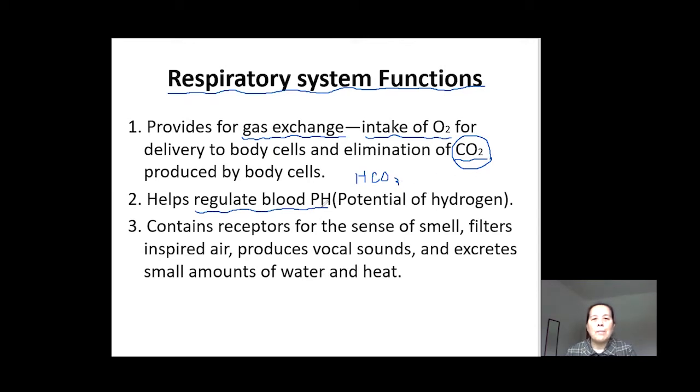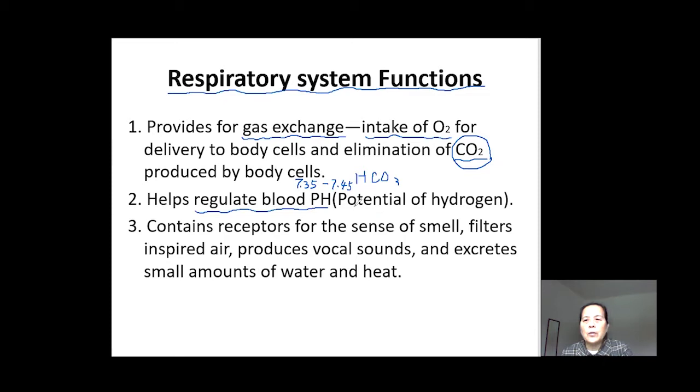By that amount, they regulate pH. We know our normal pH should be maintained between 7.35 and 7.45, a little bit on the alkaline side, the middle being 7.4.